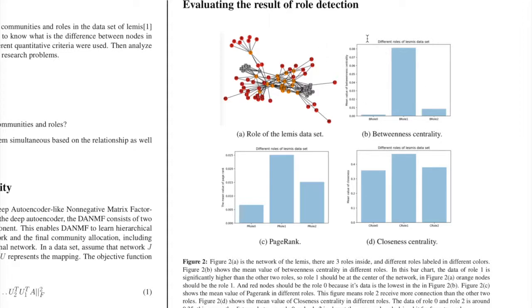For betweenness centrality, in the entire figure, we can see that role 1 is in the center because it has a higher mark. So we can say that the orange node could be role 1.